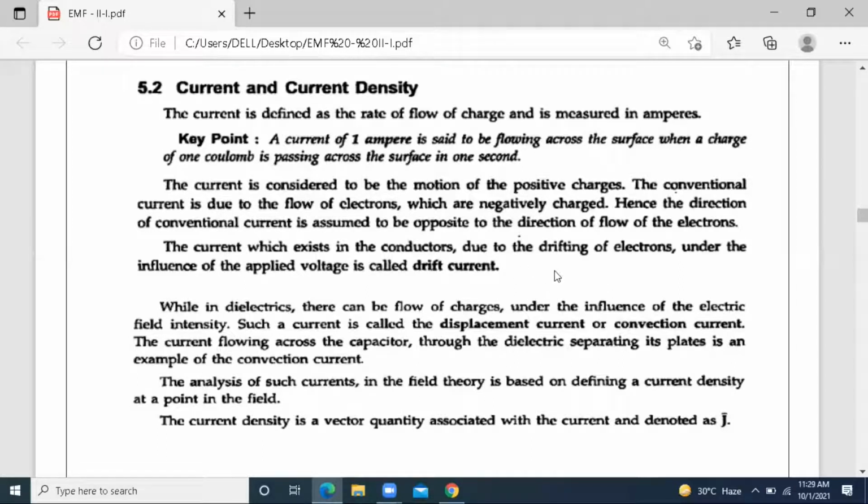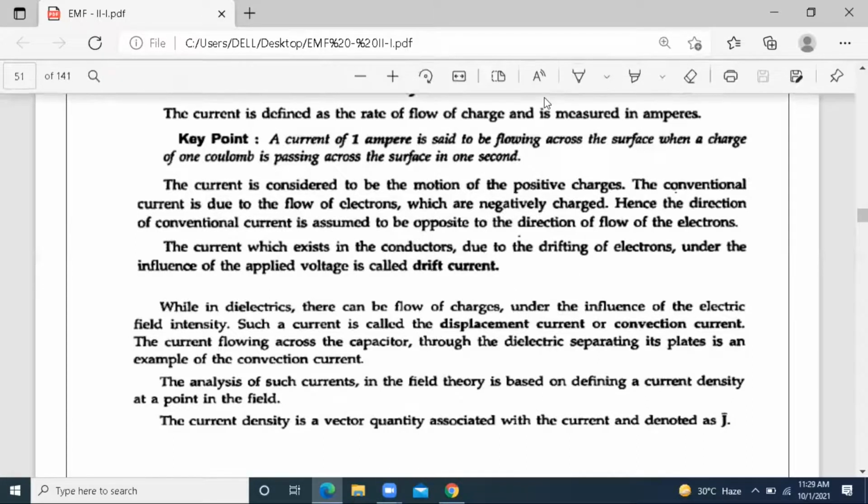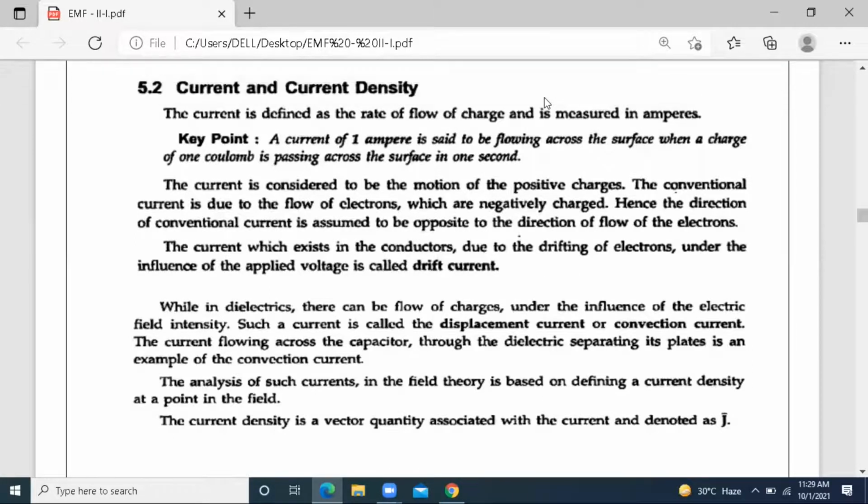So let us for a moment consider the bar magnet, where you have your north and the south.